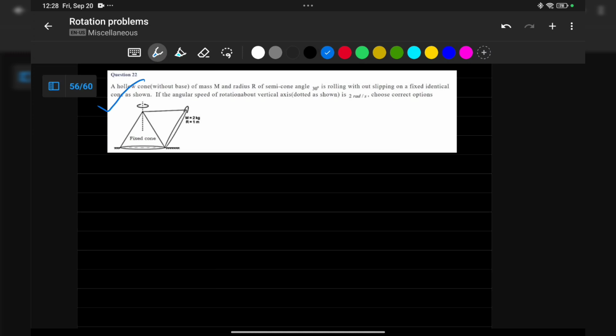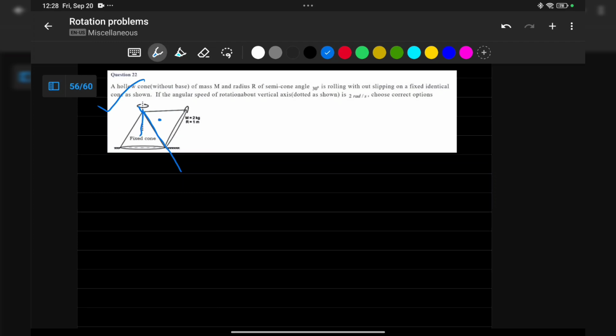This question says that a cone is rotating about another fixed cone. This means that there are two cones here. One of the cones is rotating about the other cone. This is the center of Earth, and this is coming out of the page.